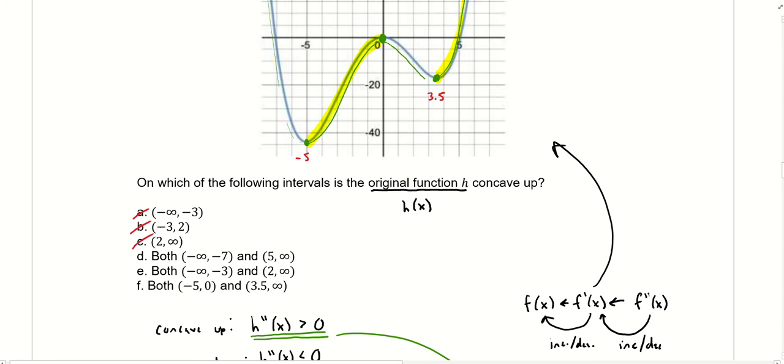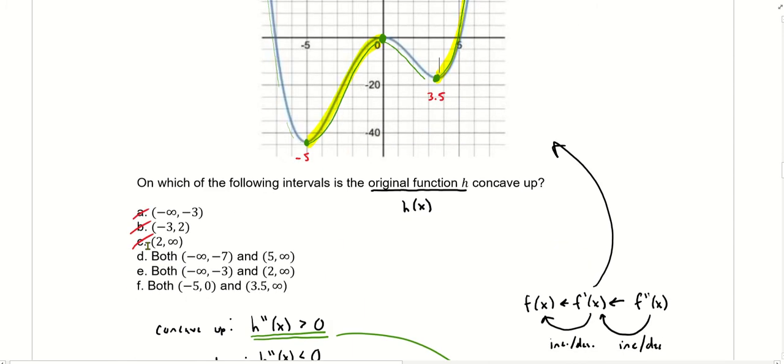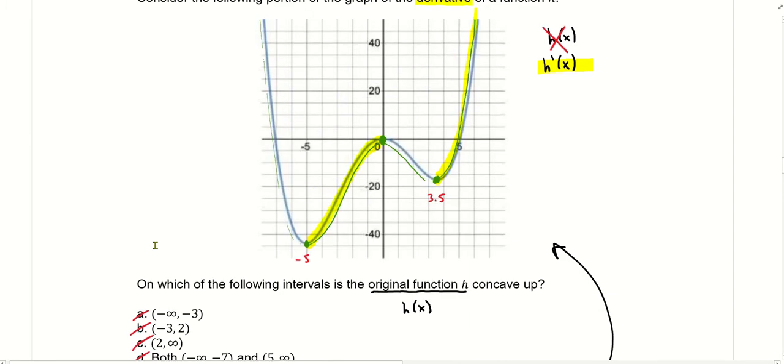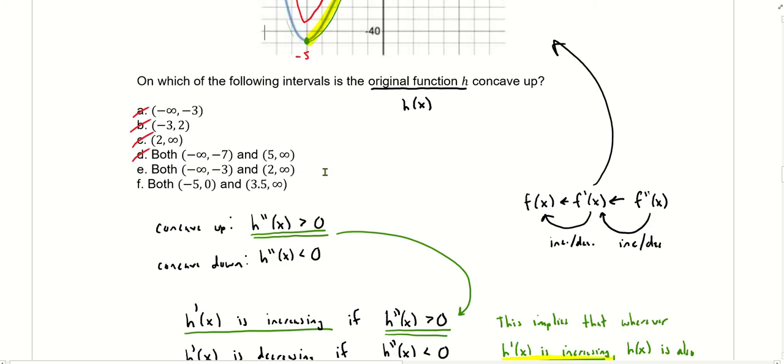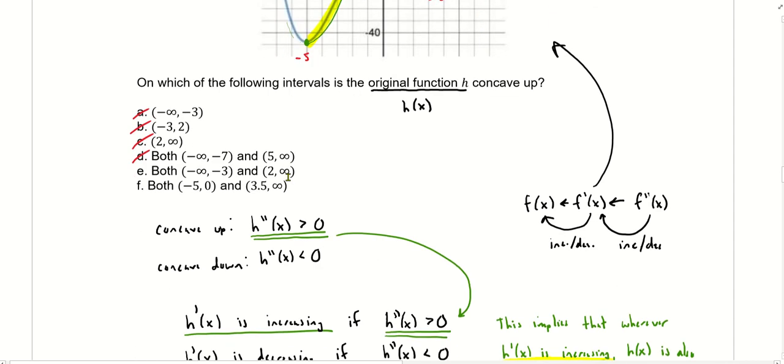Both negative infinity to negative 7 and 5 to positive infinity, so that would be this region and this region. That's not where we've highlighted, so that's not right either. Negative infinity to negative 3 and 2 to infinity, that would be here. So that's not what we highlighted either.